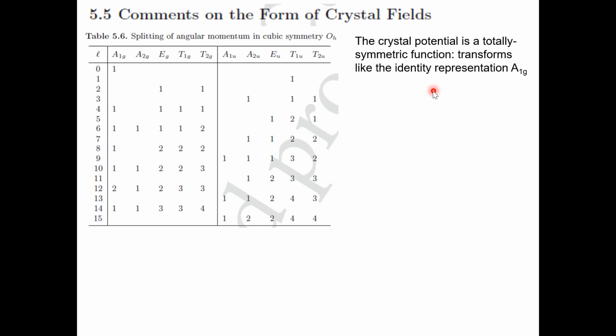What that means is that for any, and again, here I'm using the cubic symmetry OH group as an example, for any of the symmetry operations of the group, when I apply some symmetry operation, the crystal potential field is invariant. Okay? So this is the same as saying that the crystal potential transforms like the identity representation, which is in this case A1G, with all characters equal to 1.